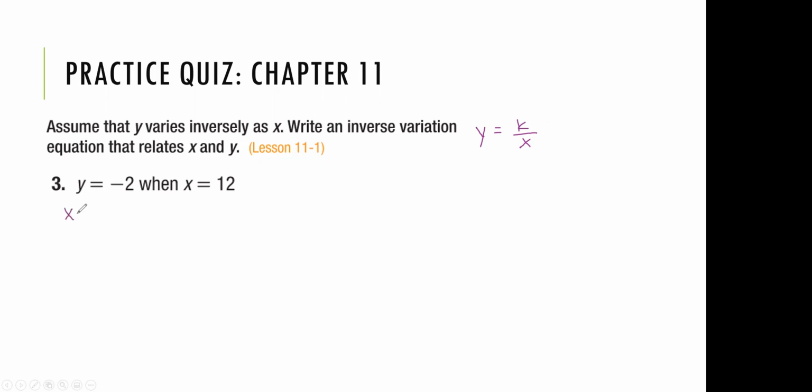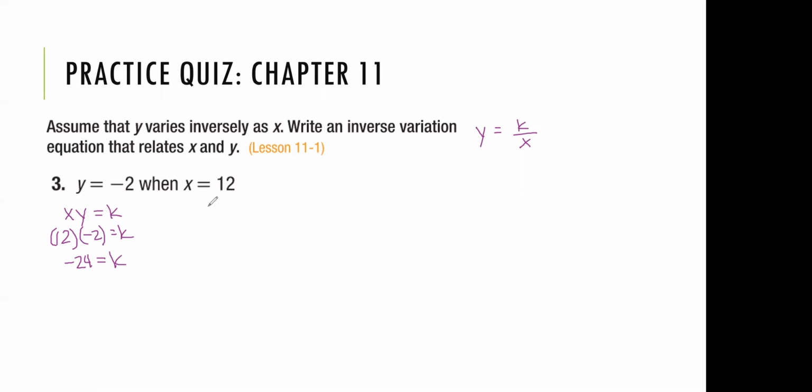So in order to figure out k, we use the equation x times y is equal to k, okay? Because we're told it varies inversely. So we would plug in 12 for x, and then -2 for y. So we multiply 12 times -2, that's -24. So that is the value of k.